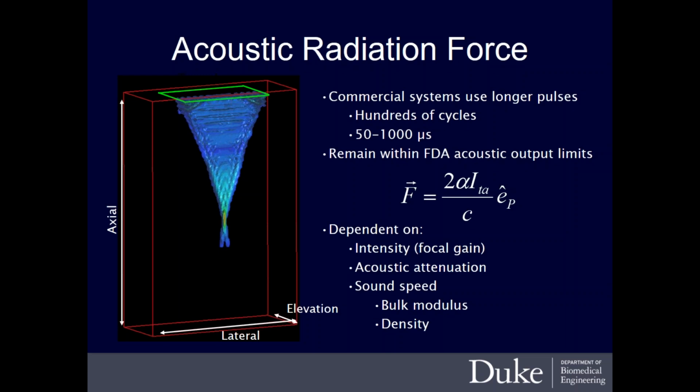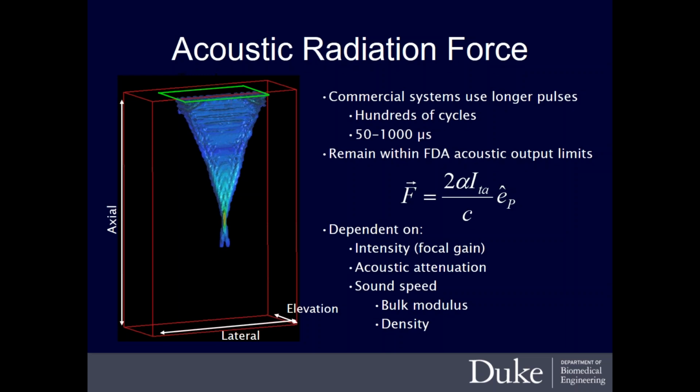That longer pulse could be on the order of several hundred cycles of insonification, which is typically tens to hundreds of microseconds of on time. All the existing systems on the market remain within current FDA acoustic output limits.